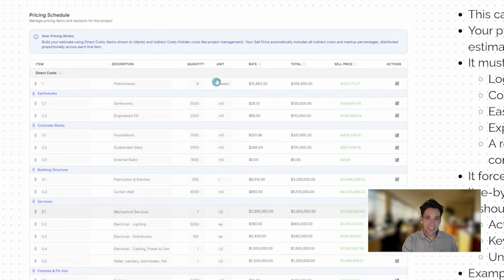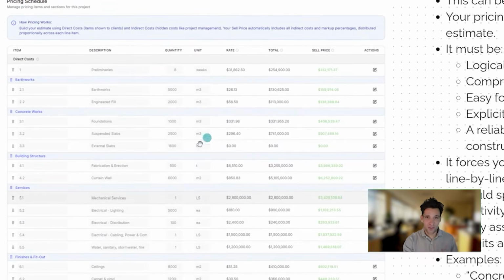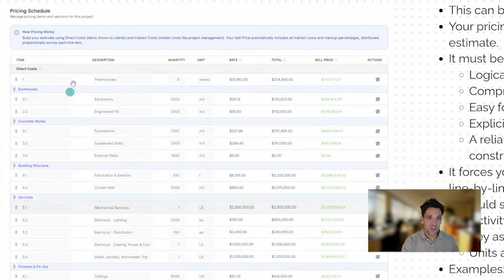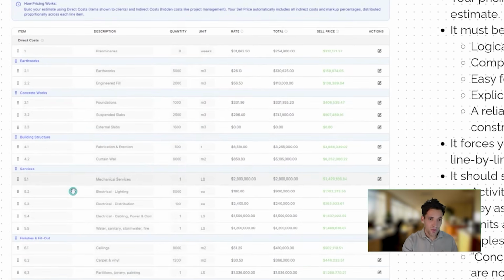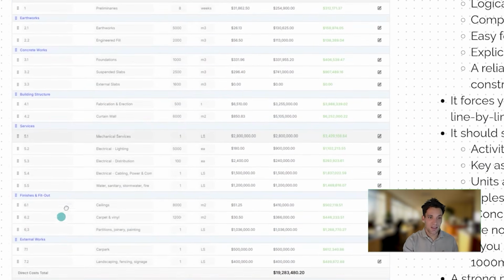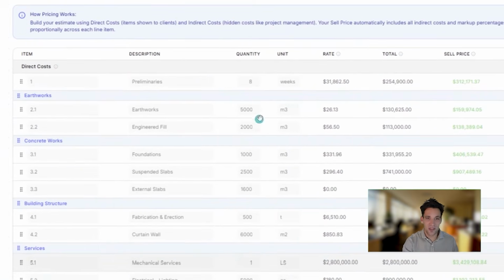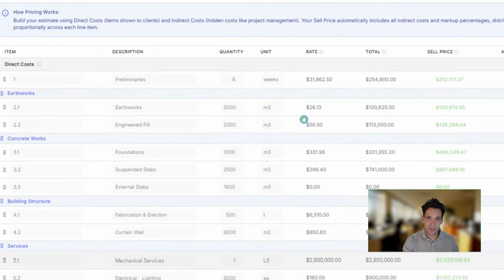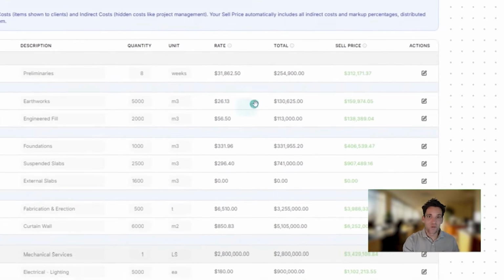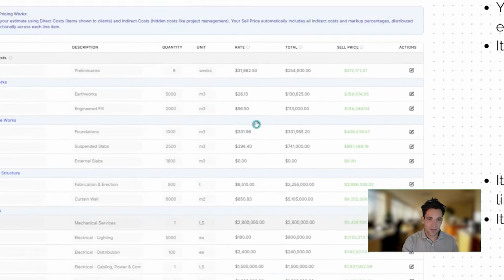of each task. So this is an example pricing schedule from my construction software, Operum, that shows the project scope broken down into earthworks, concrete works, the building structure, the services, the finishes and fit out, and the external works. Against each of these items, we've got a quantity of work, a unit, and a rate we've calculated through the estimating process.